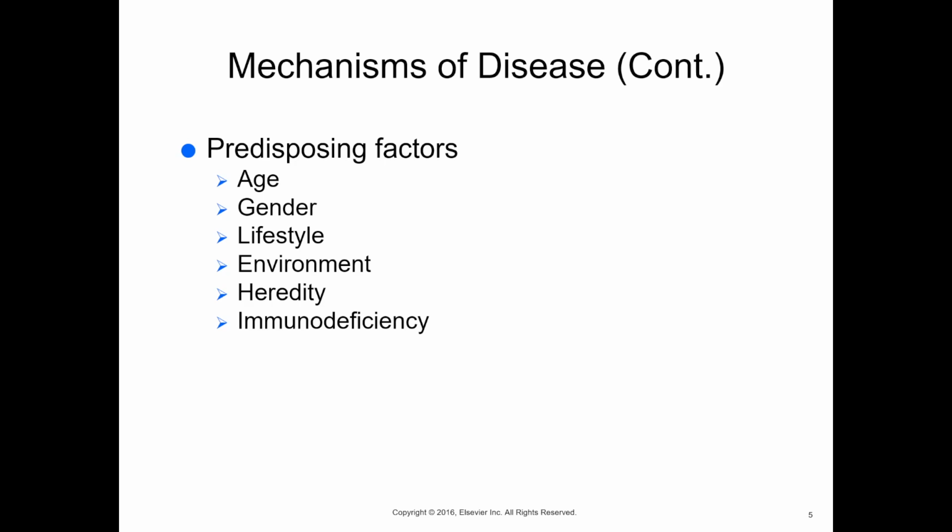You can have BRCA genes and never develop breast cancer, right? On the other side of the coin, lifestyle, you could never smoke, never be around anyone that's ever smoked, never worked in an environment with lots of air pollution, but you could still develop lung cancer, right?